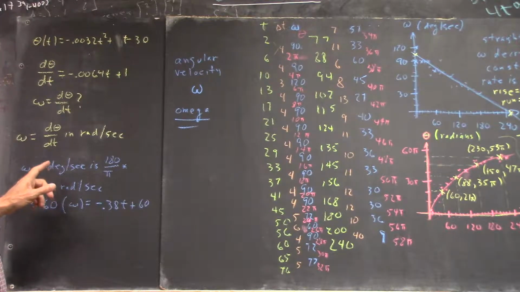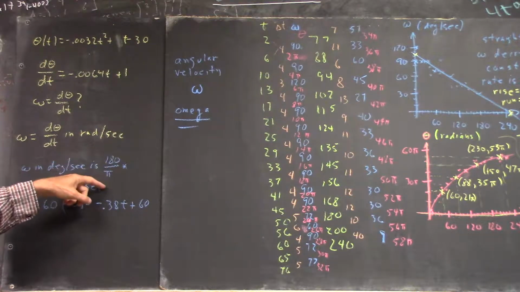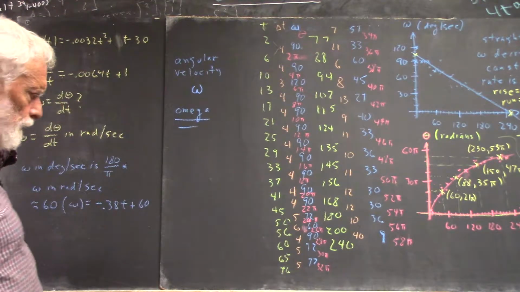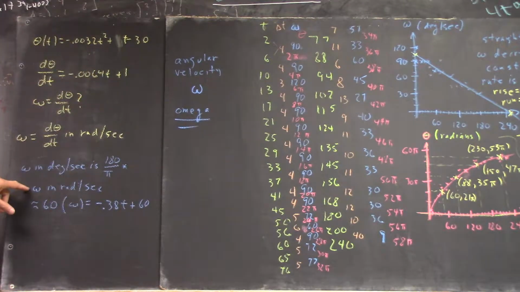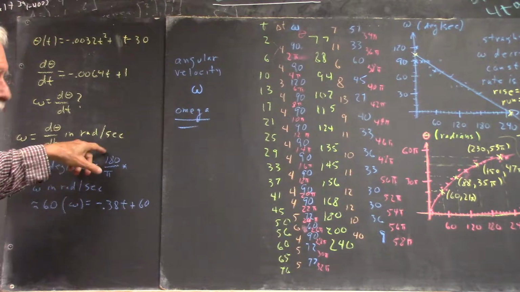So if you want to go from degrees per second to radians per second, you have to multiply by 180 over pi, which is about 60. It's 57.1 or 57.3, I don't remember, because I never used the conversion. But that's pretty close to 60.